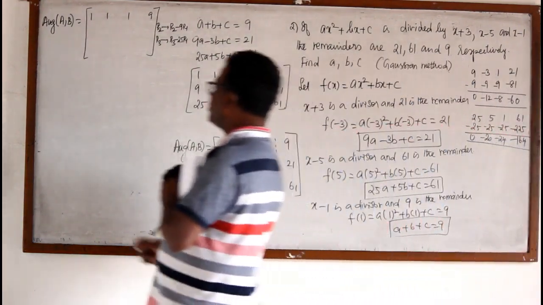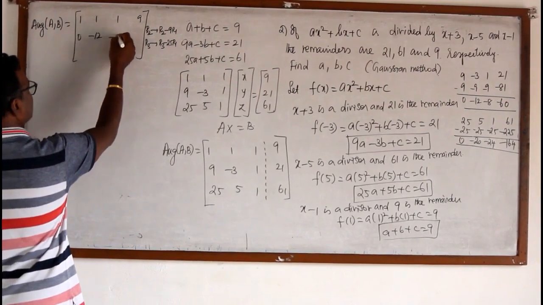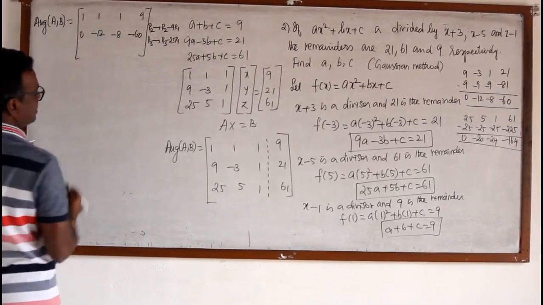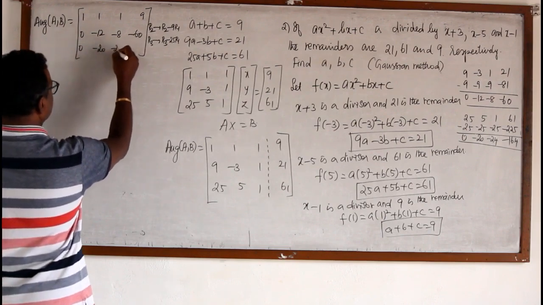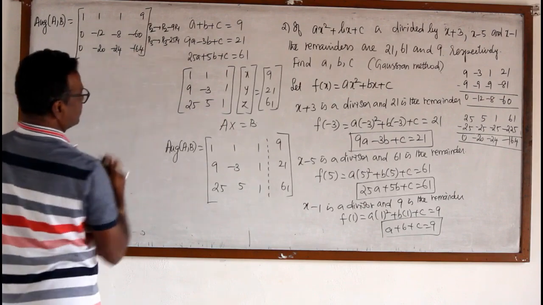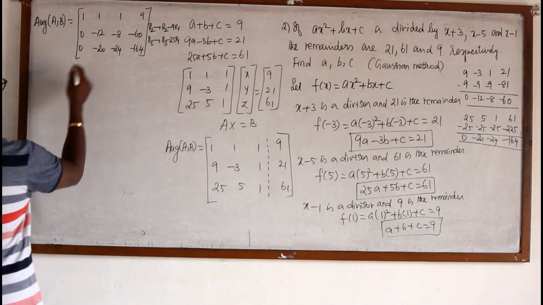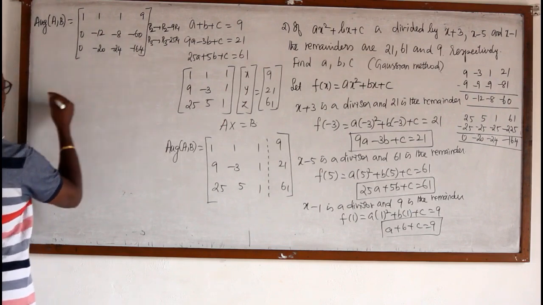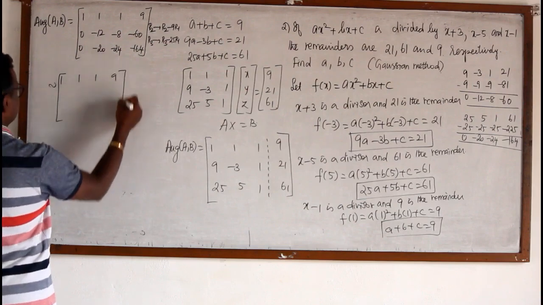So the second row is 0, minus 12, minus 8, minus 16. And the third row is 0, minus 20, minus 24, minus 164. Now, is it possible to remove any common element? If it is possible to remove any common numbers, we can remove.